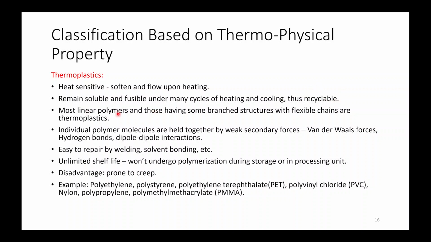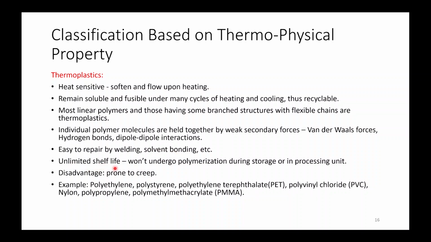Most linear polymers and those having some branches with flexible chains are thermoplastics, and individual polymer molecules are held together by weak secondary forces such as van der Waals forces, hydrogen bonds, and dipole-dipole interactions. These are easy to repair by welding, because with heating they can be easily welded, or by using solvent bonding.